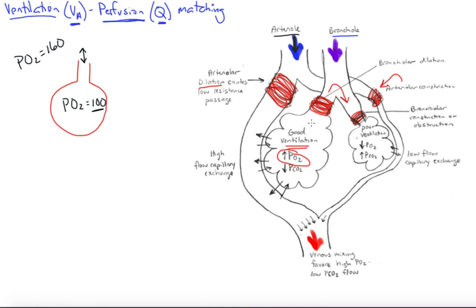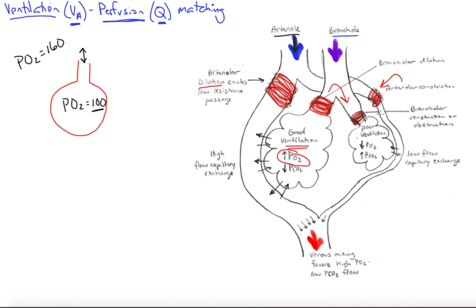Because again, we want all regions of the lung to be optimally ventilated and perfused. And so we get this sort of bouncing back and forth. The areas that are well ventilated and well perfused will shunt away to other areas, if you will, because we're optimized here. It's fantastic. And not that we want to reduce that, but we want to sort of share the wealth, where we want to send some of this ventilation to other areas.